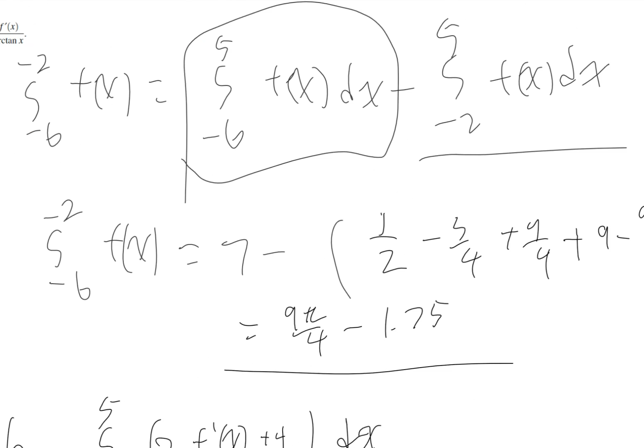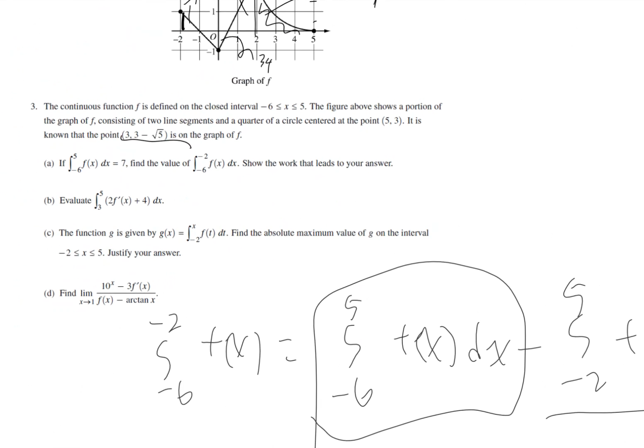Then going to C, the function g is given by g of x equals negative integral from -2 to negative x of f of t. Find the absolute maximum value on the interval from -2 to 5. So f is g prime in this case.